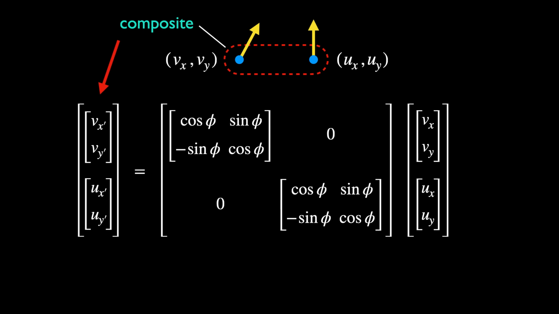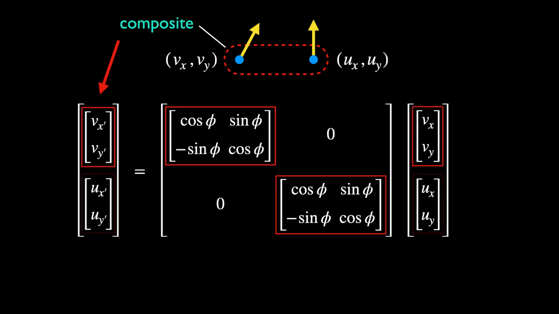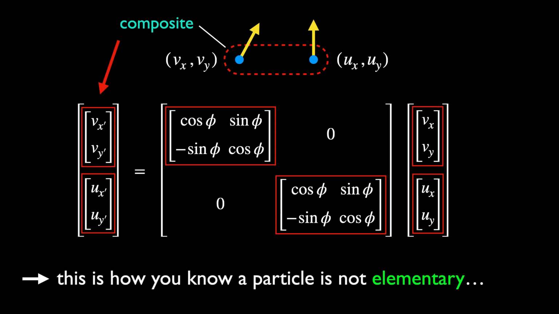But notice that this 4-component vector doesn't really rotate as a whole, but rather its rotation matrix could be separated into two independent blocks that each rotate two components without any mixing between them. This is how we know a particle is not elementary, because given a suitable basis, it contains different components that can rotate independently from each other.